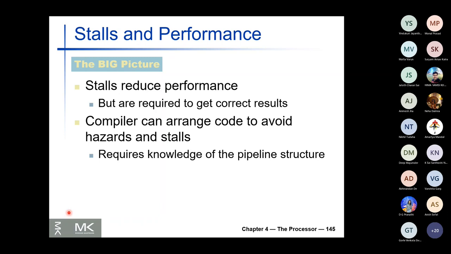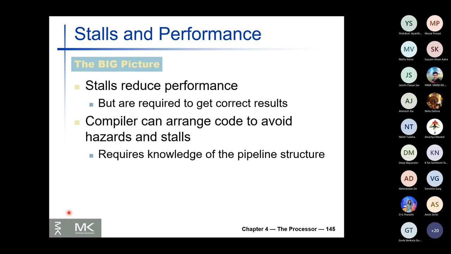So basically, as you see, when you are forced to include stalls in the pipeline, that reduces pipeline performance because it is being slowed down. Ideally, at every clock cycle, one instruction should be completed. But because of stalls, the progress of the pipeline is slowed down.